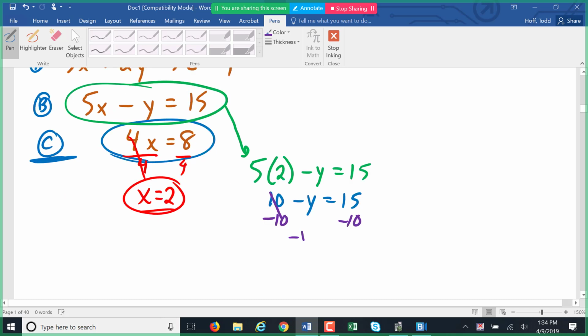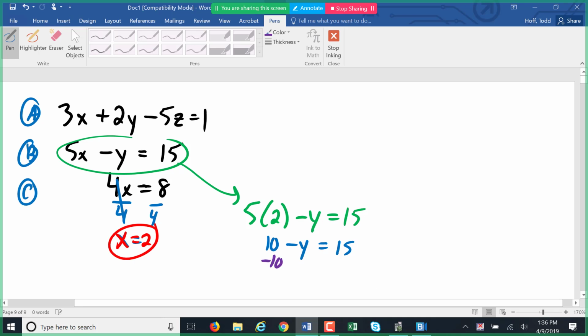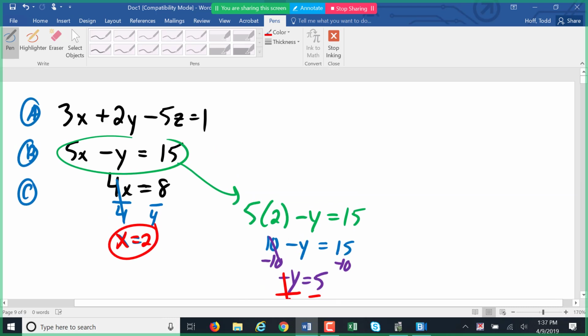I got negative y equals 5. We subtracted the 10 to get negative y equals 5. And of course, we have to divide by negative 1 to get rid of the negative to get y equals negative 5. So x equals 2 and y equals negative 5.